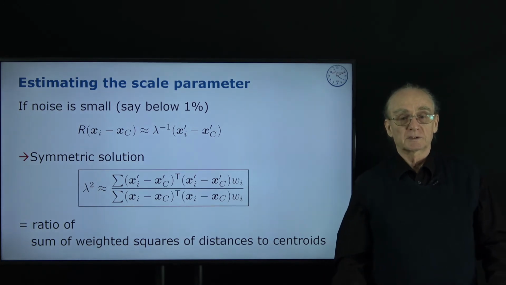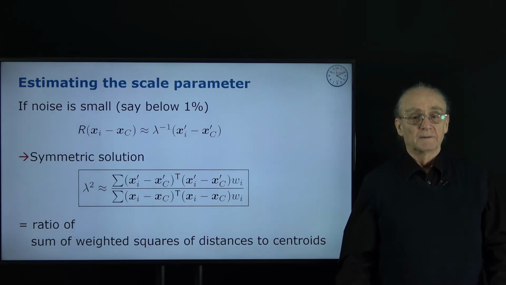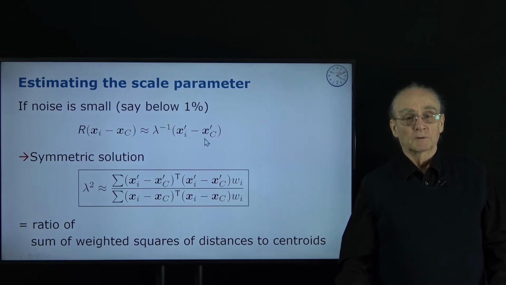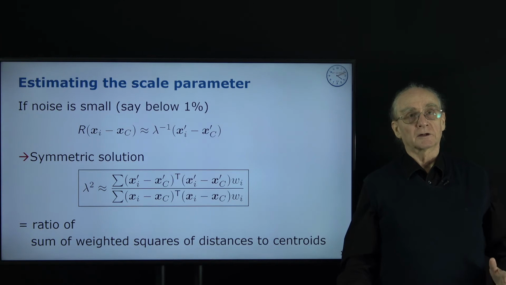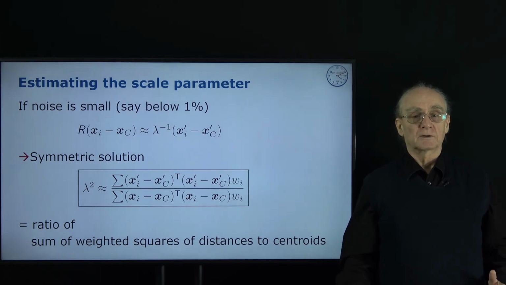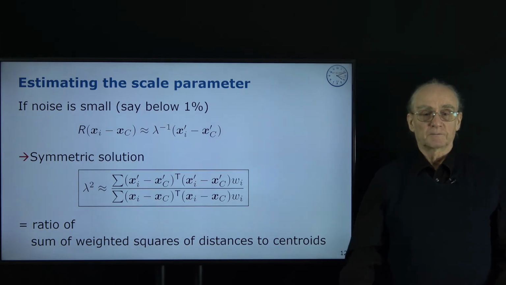This is a very plausible result and very symmetric. We see it's an approximation because we have assumed that the observed coordinates are not perturbed too much, so the noise is not too large. But if you look at a direct solution, this is a very good solution already.